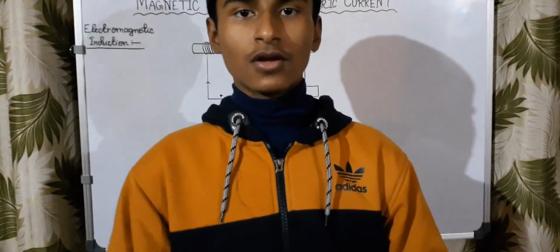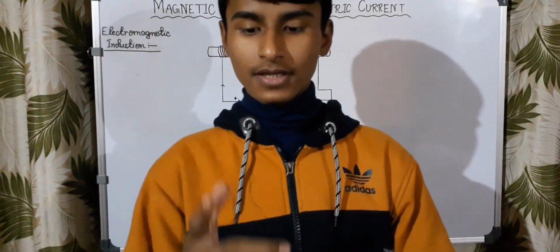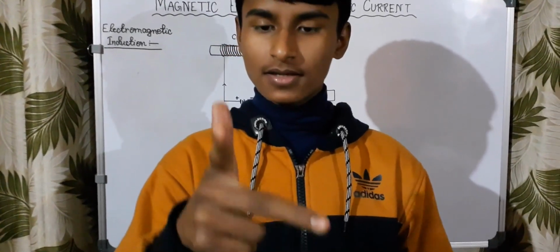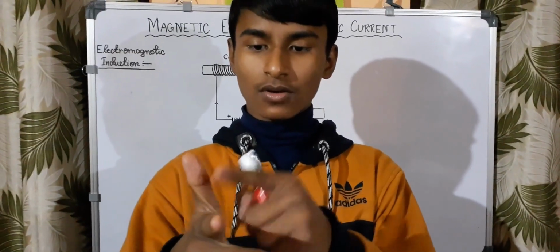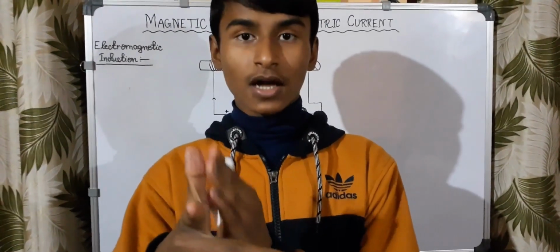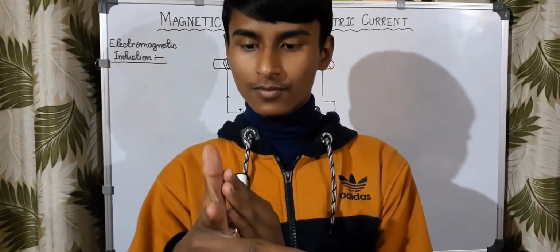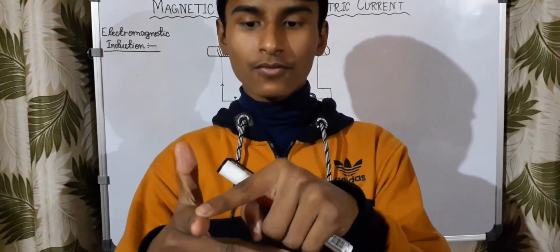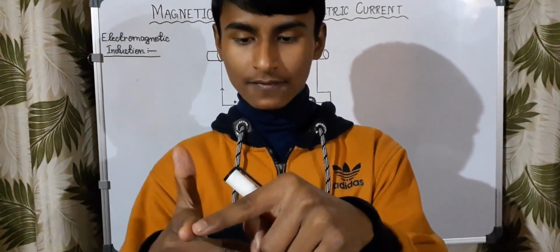Fleming's right-hand rule states that we can find the direction of induced current if we know the motion of the conductor, as well as the direction of the magnetic field. Here in the right hand, if we place all these fingers perpendicular, then the thumb will represent the motion of the coil, the forefinger would represent the direction of the magnetic field, and the middle finger would represent the direction of the induced current.